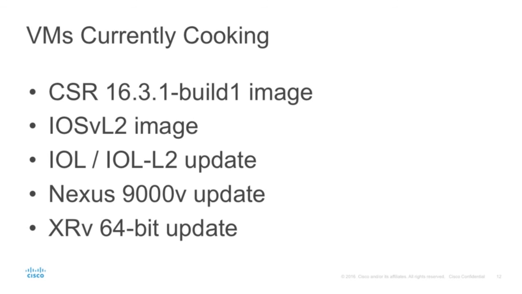So we've published, you'll see now it says 16.3.1-build1. This is the same 16.3.1 image. We've just done some repackaging that we hope makes that problem go away, so if you had problems with the initial 16.3.1, make sure that you're up to the 16.3.1-build1 image.